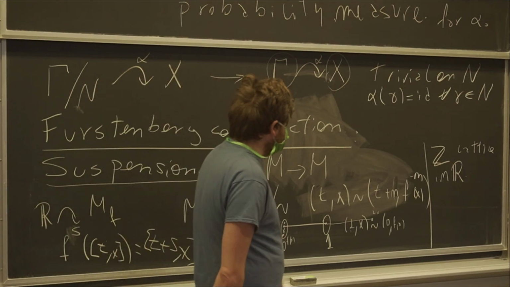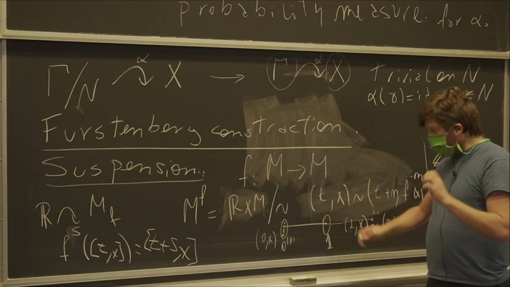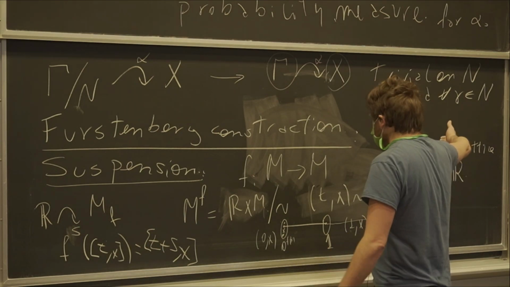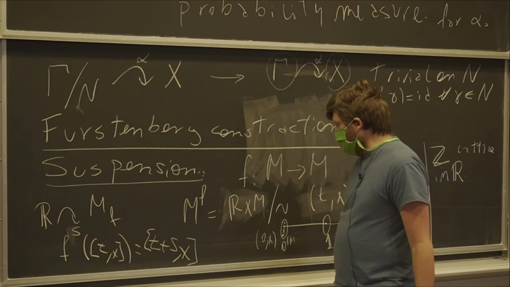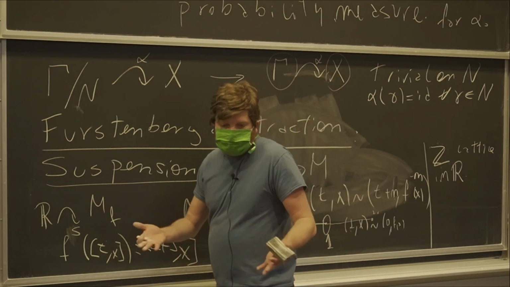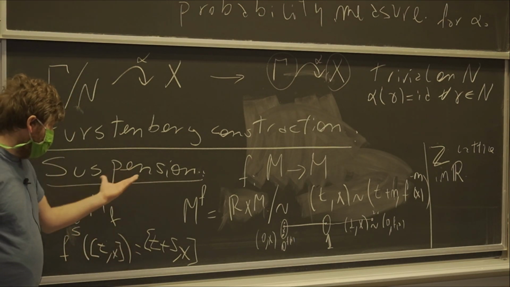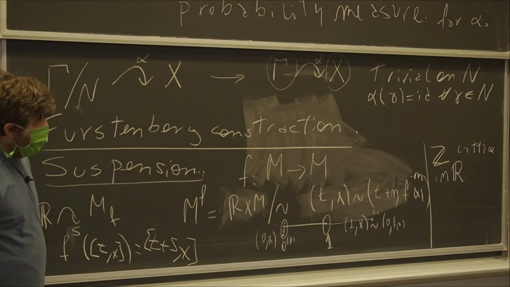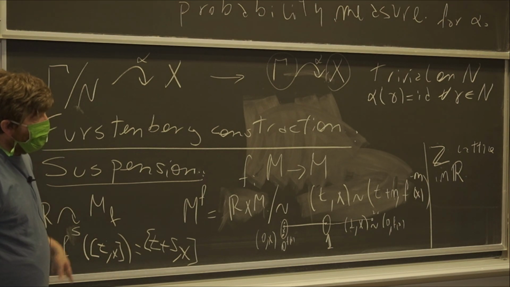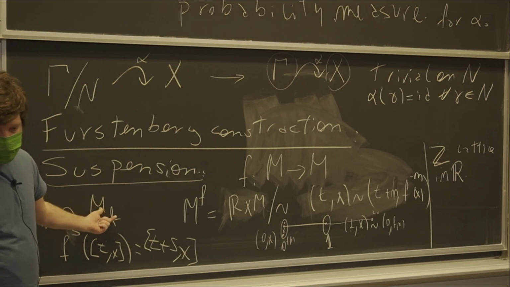As said, what was important here is that Z is a lattice in R. That's what really allows me to make all this construction. The discreteness property is what makes this quotient space a Hausdorff space with nice geometry similar to M times R, so it's locally homeomorphic to M times R. Now the fact that R mod Z is compact is what will give me the compactness of this M_F.